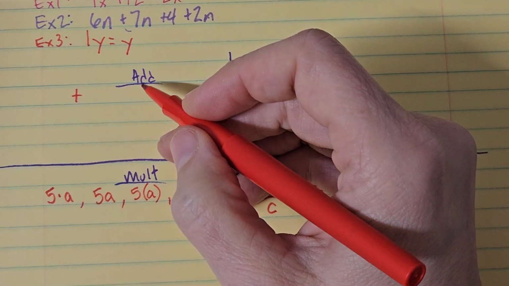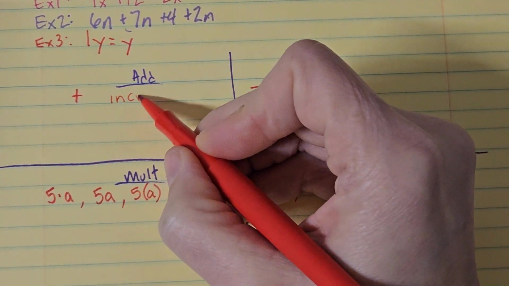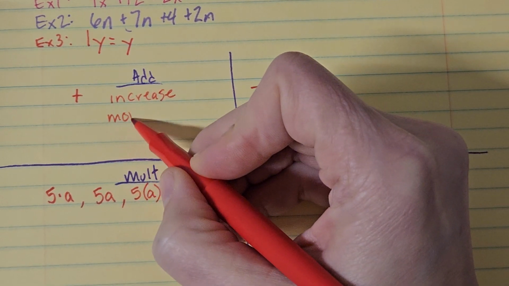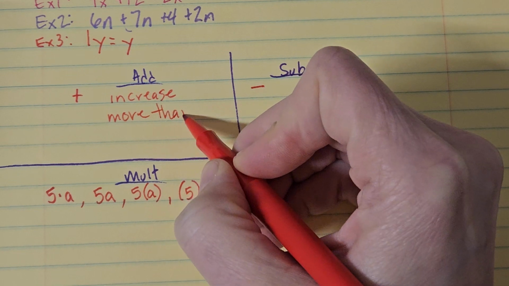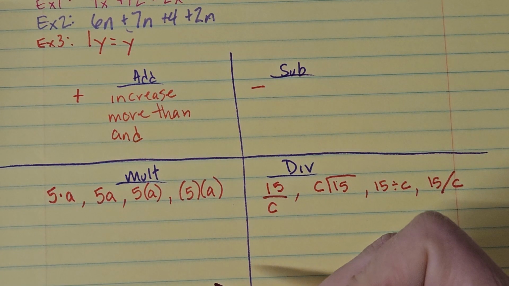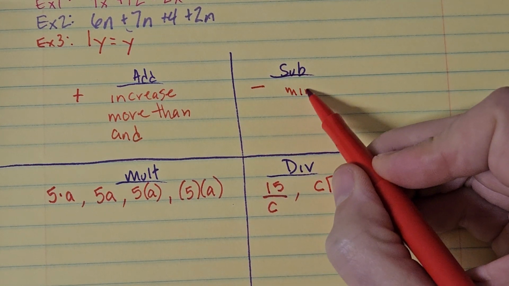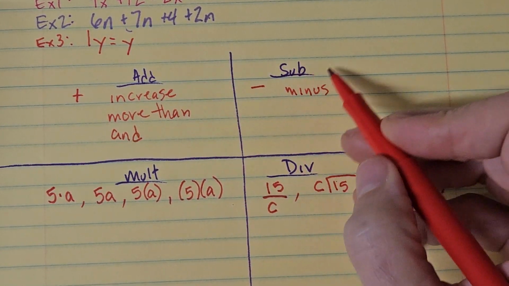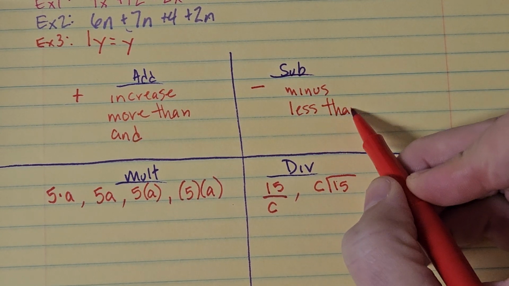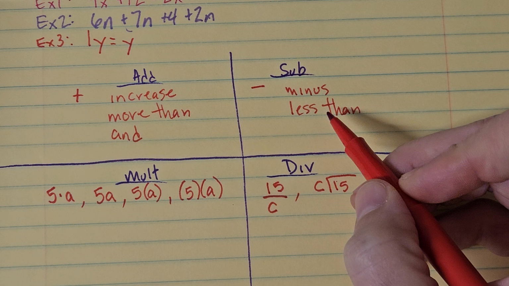What are some words that mean add? If you have increase, more than, and sometimes means add. Subtraction, minus, obviously subtraction, less than. Less than turns out to be a tricky one.